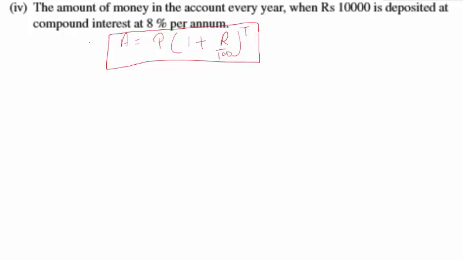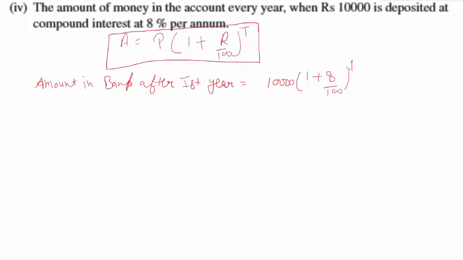Now the amount in the bank after the first year will equal principal, that is 10,000, into 1 plus rate, that is 8 divided by 100, raised to time. For the first year the t will be 1.